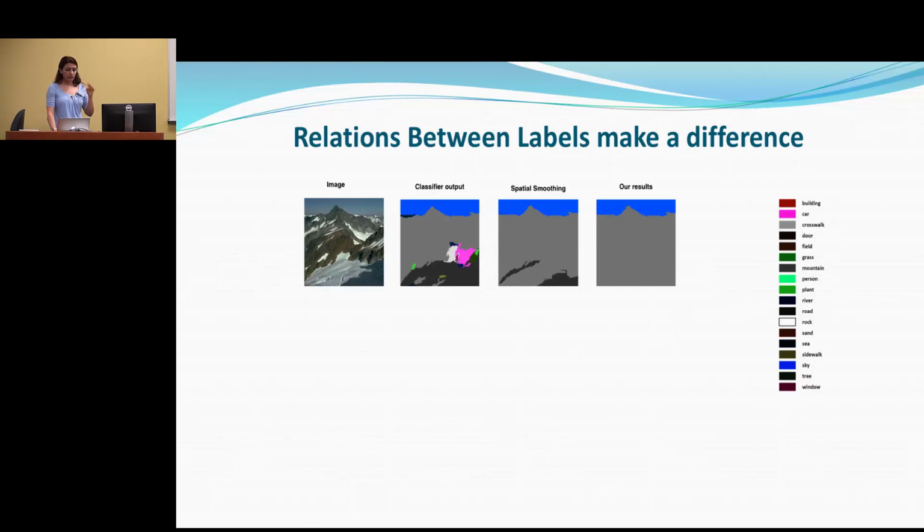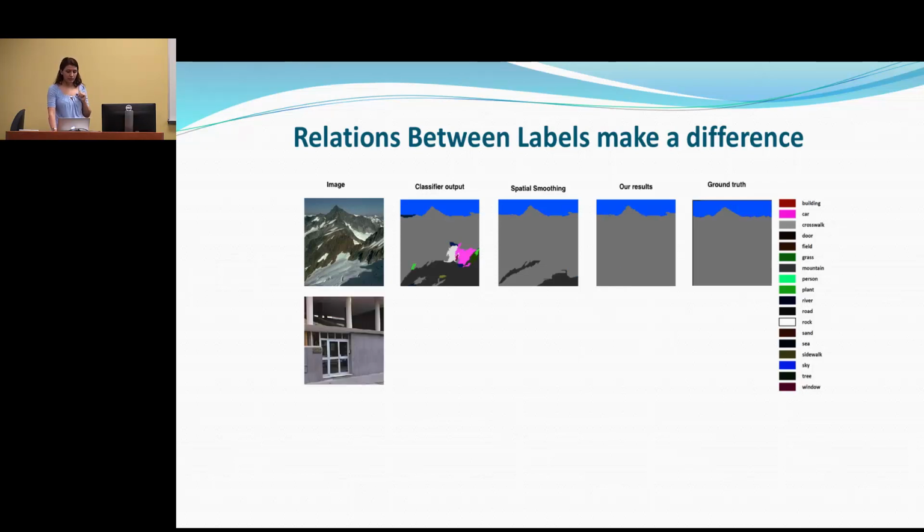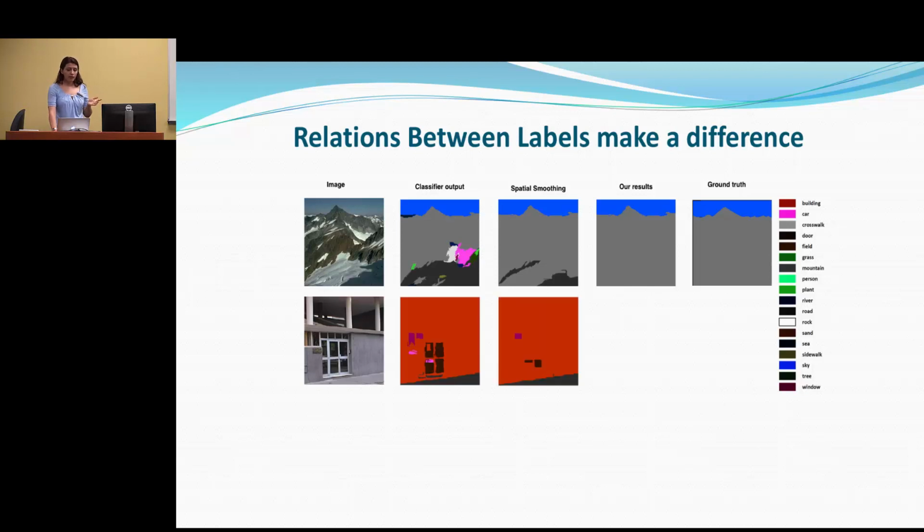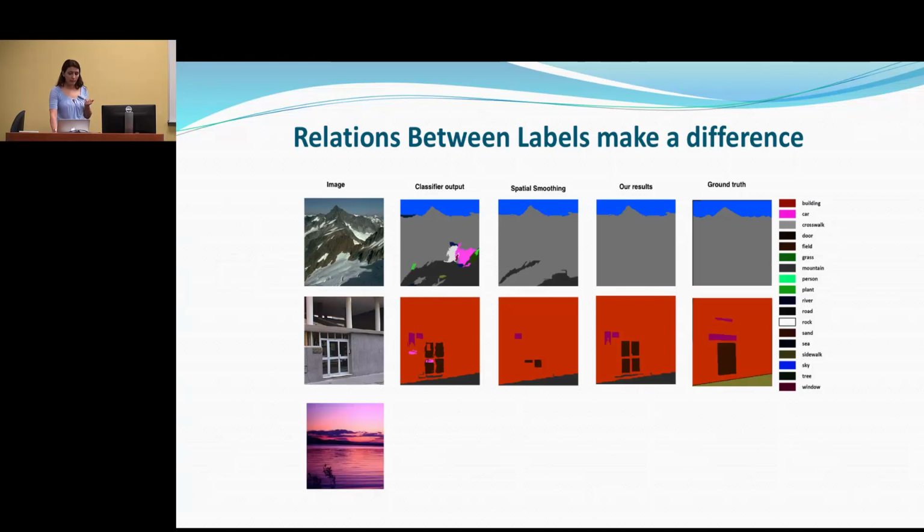So we can discard that and get better results. On the other hand, for example, here the building and door have positive correlation. So seeing those in an image gets a lower cost, and we avoid over-smoothing and can keep and refine it.